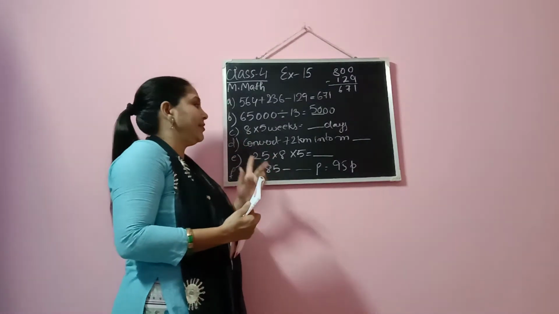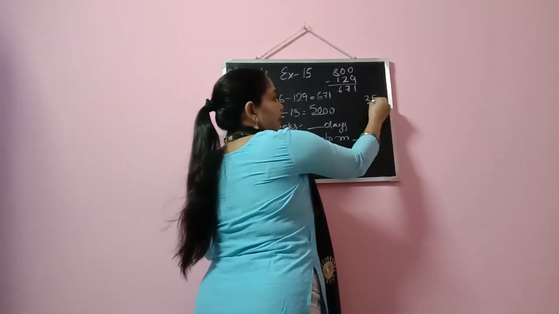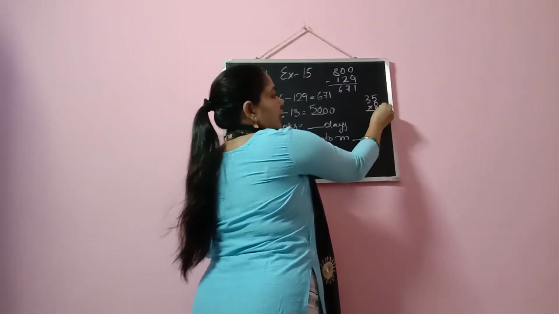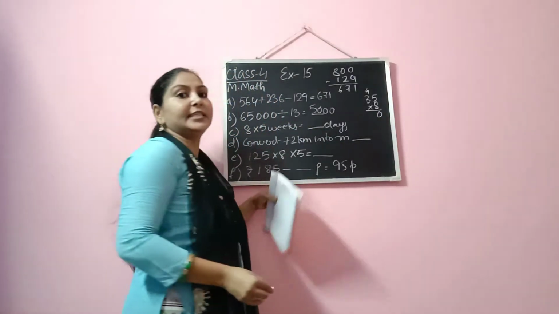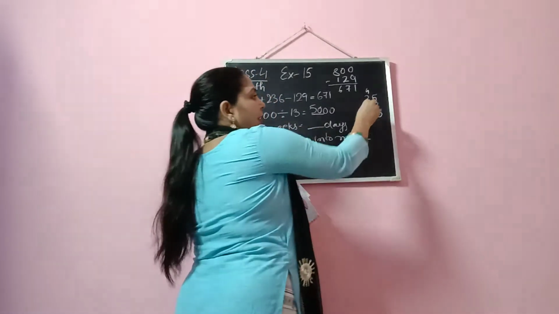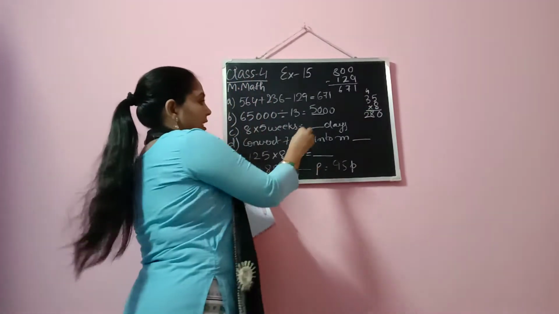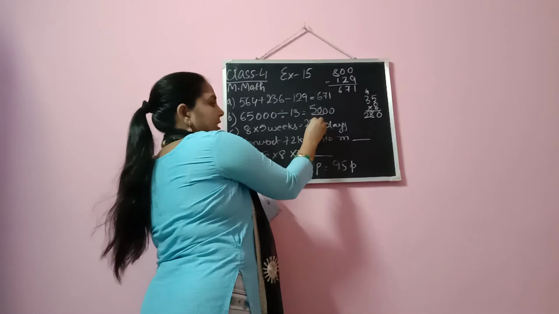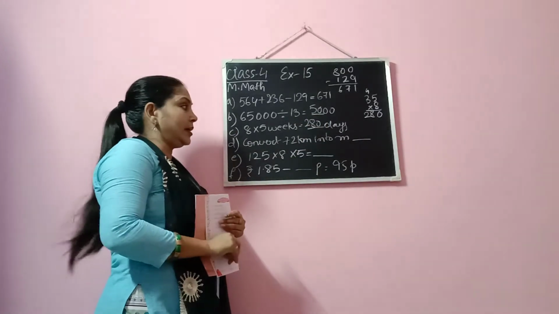That is 35. 35 into 8. Now 35 into 8 we will do. So 40, carry over 4 here. 3 8s are 24. 24 plus 4 is 28, so 280. Okay. So we will get 280 days. 8 into 5 weeks equals 280 days.